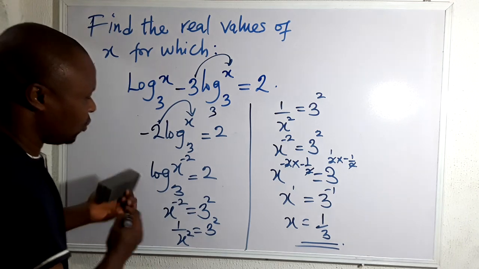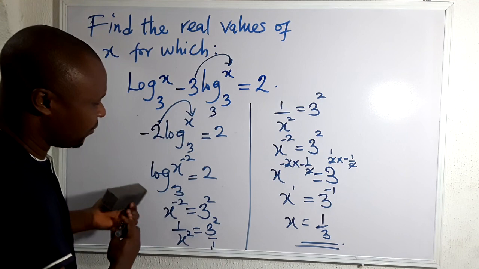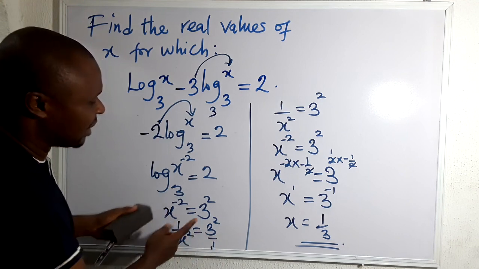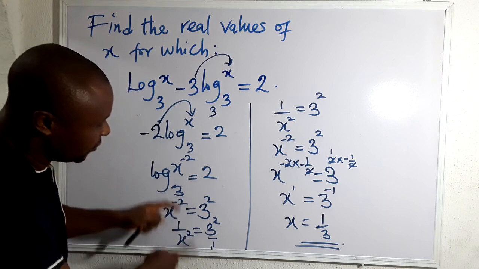Again, you can decide to cross multiply, or you can decide to invert both sides, that is, take the reciprocal of both sides.